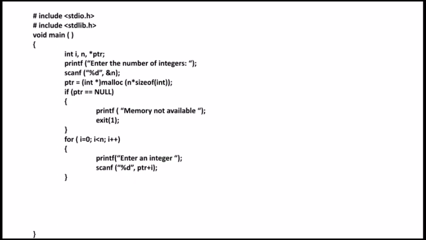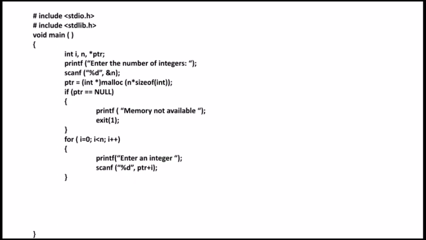And ptr plus i means we are taking the address at the first, that is ptr. Suppose ptr is 1000, so 1000 plus the value of i, that is 0, will be considered, and the value which is entered will be stored on that address. That is, on address 1000, the value which is entered will be saved.